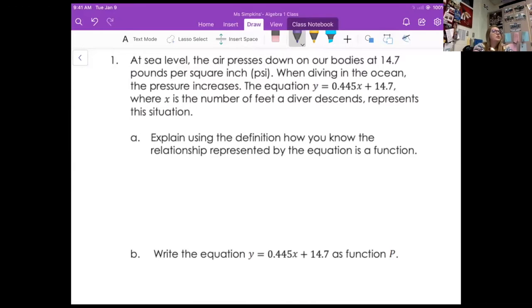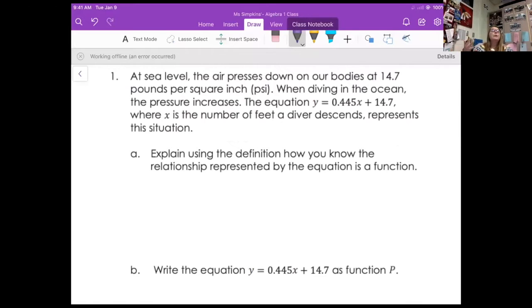Has anyone ever been scuba diving or snorkeling or anything like that? When you scuba dive, you can't just go rent equipment and go scuba diving. You have to get approved or trained to do it because you have to get used to the pressure. When you're far underwater, the pressure of the water gets really heavy on you.